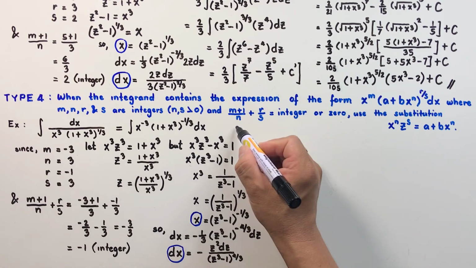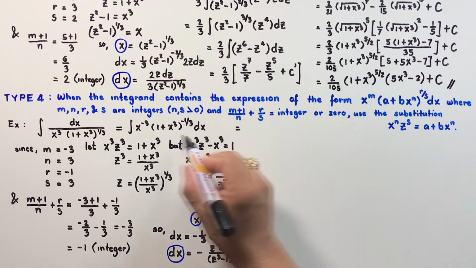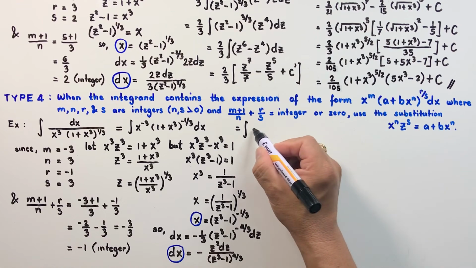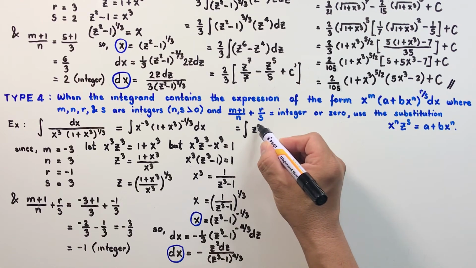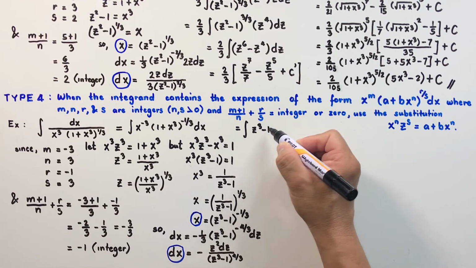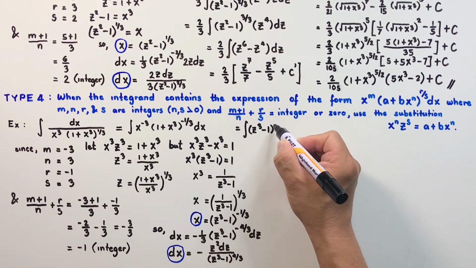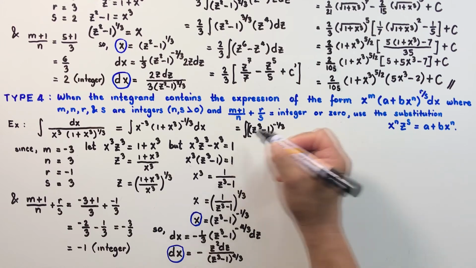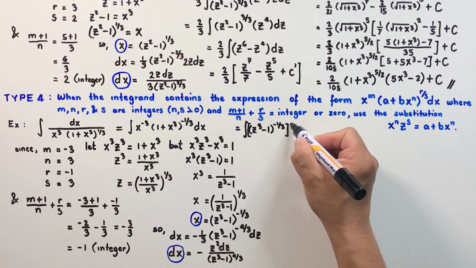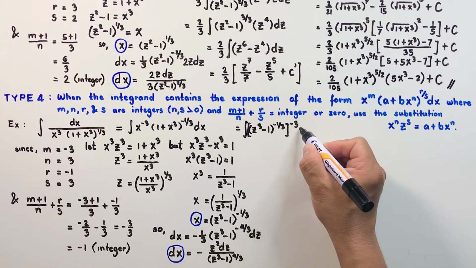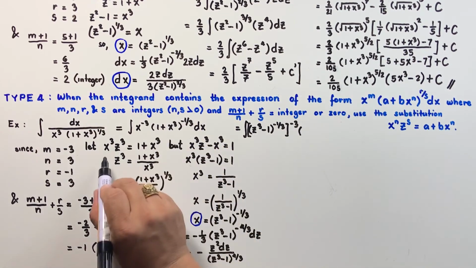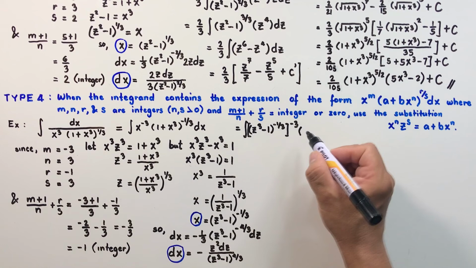And substituting these representations to our integrand, we have the integral of our x, but our x is z cubed minus 1 to the power of -1/3, but this will be raised to the exponent of negative 3. But our 1 plus x cubed is represented as x cubed times z cubed.